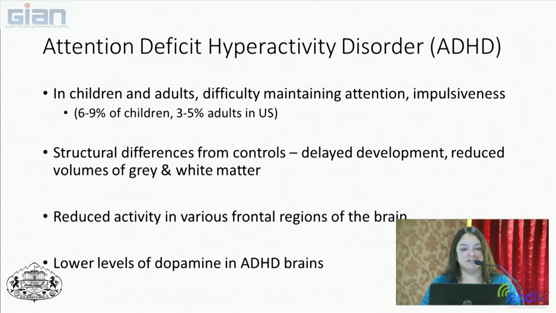There are structural differences from controls, and these differences could be related to delayed development. They have also seen reduced volumes of gray and white matter in people that have ADHD, and reduced activity in various frontal levels of the brain, which they would be able to assess using a functional MRI technique. They also think it may be associated with lower levels of dopamine in ADHD brains.